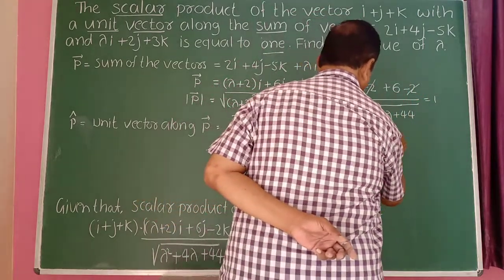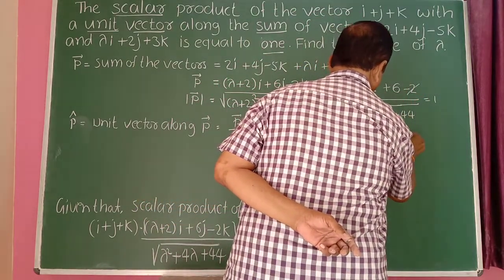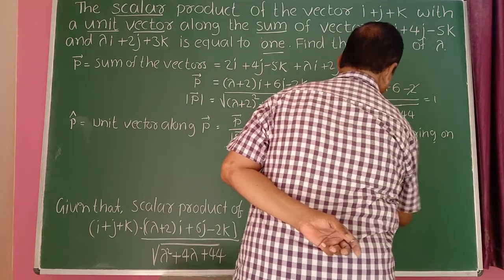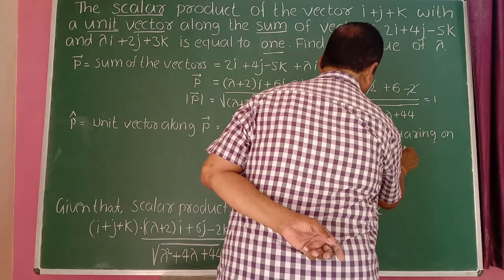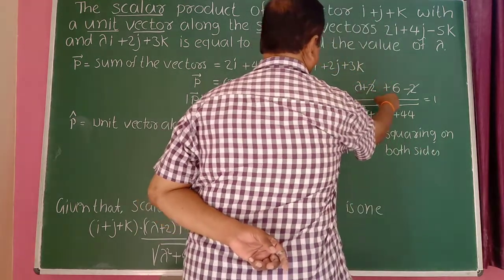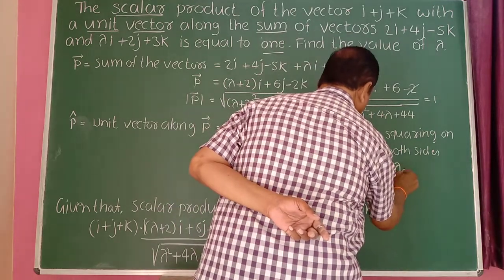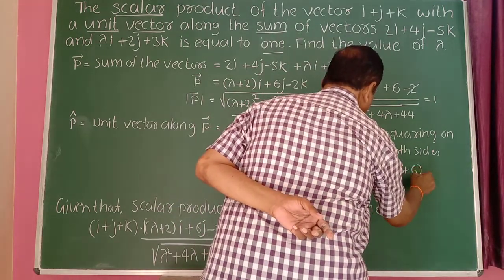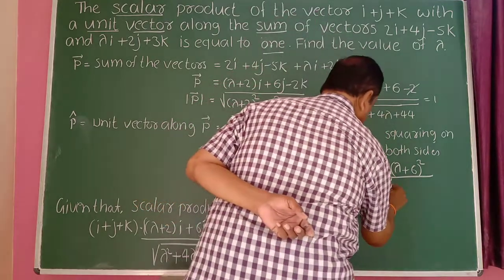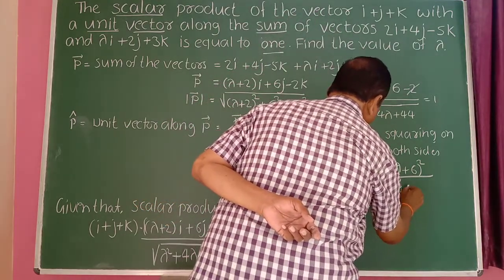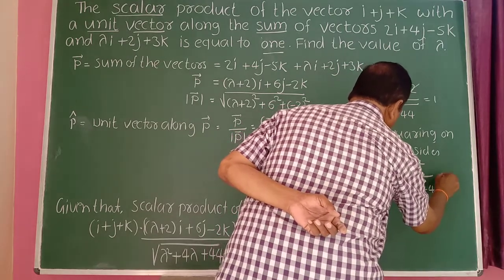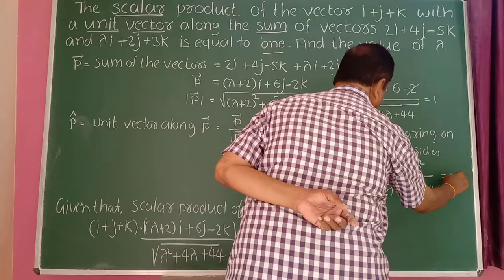So squaring on both sides: lambda plus 6 whole squared divided by lambda squared plus 4 lambda plus 44 is equal to 1 squared, which is 1.